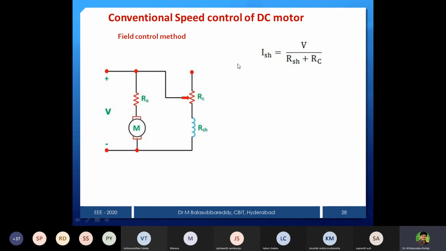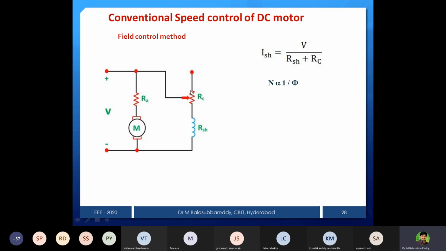What you can see is we are adding resistance on the field side. By adding resistance in the field winding, the current passing through the field winding decreases. Once current decreases, speed automatically increases. For that, N is directly proportional to Eb by phi, as I told you. Now here I am giving the rated voltage, so Eb is constant, and flux is inversely proportional to the speed.